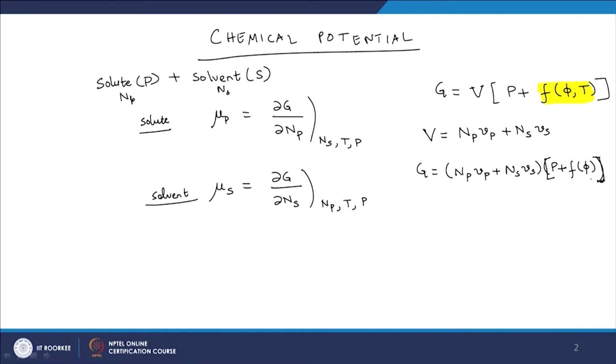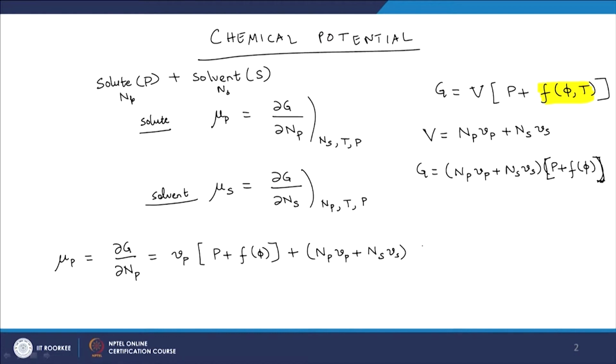Okay. So, now if I want to get mu p, that will be dou G by dou Np. So, using that particular function and using chain rule, what we have is Vp multiplied by P plus f of phi plus Np Vp plus Ns Vs, and of course pressure is not a function of the number for a liquid.